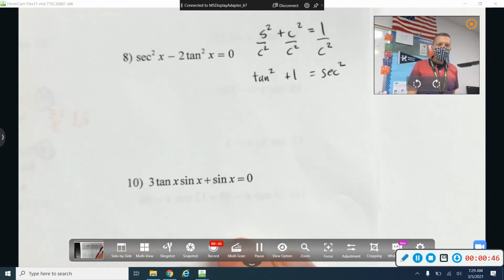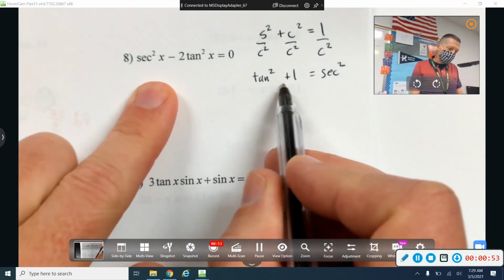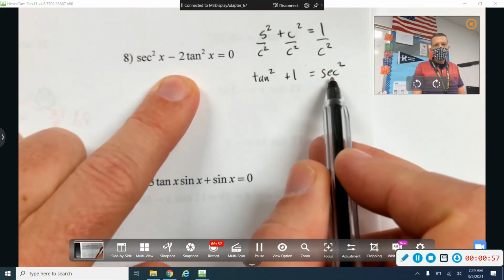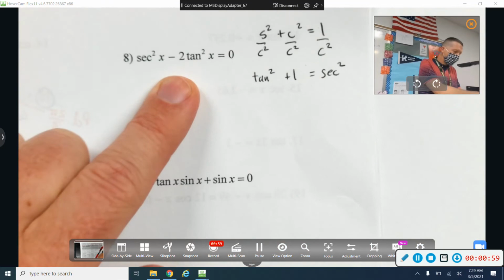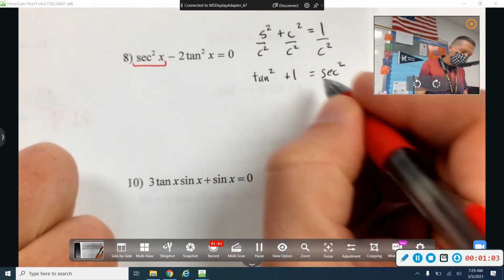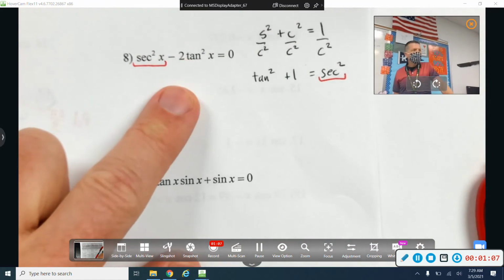So secant squared minus 2 tangent squared. I guess I have a choice here. I can replace secant squared with tangent squared plus 1, or I could replace tangent squared with secant squared minus 1. I think the easier one would be to replace secant squared because it's already solved for, and there's not a negative or a 2 out in front.